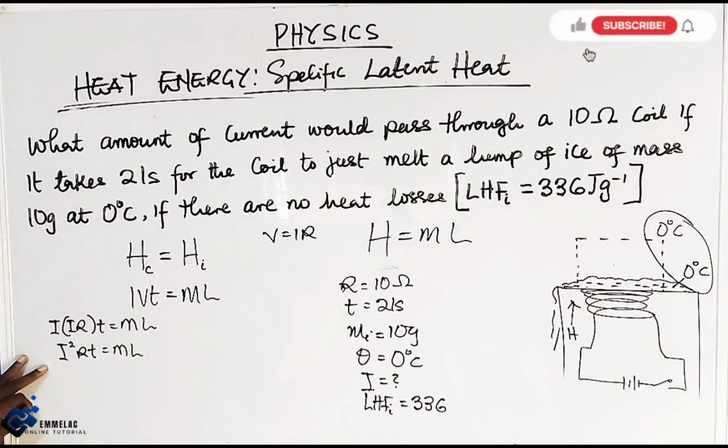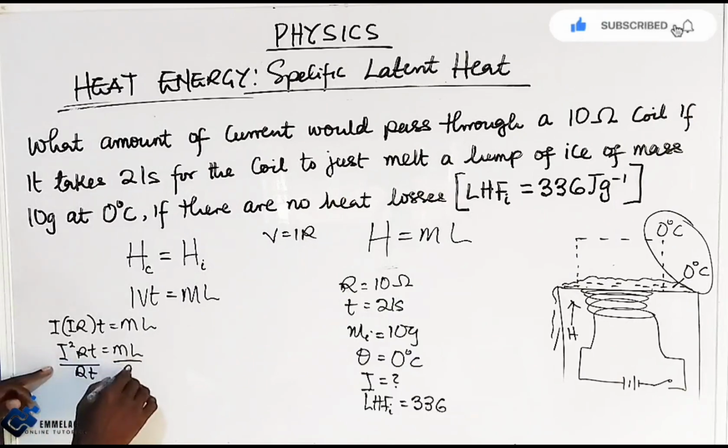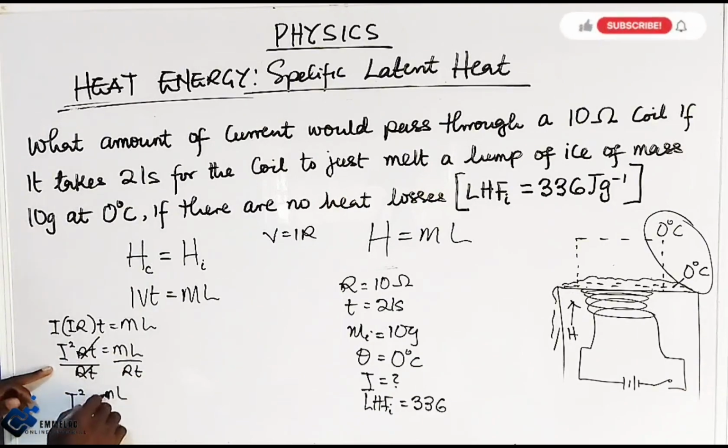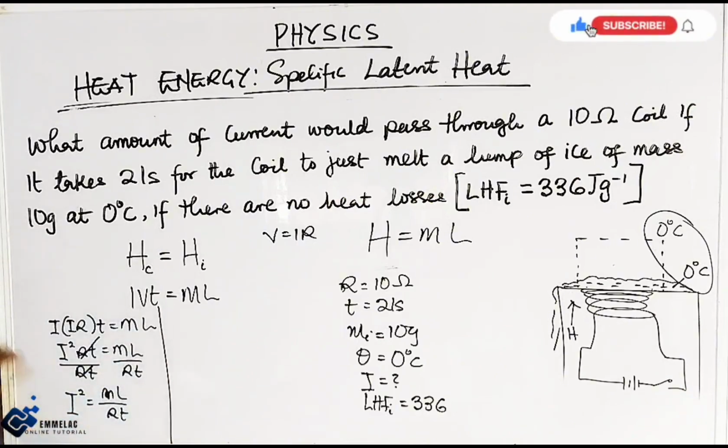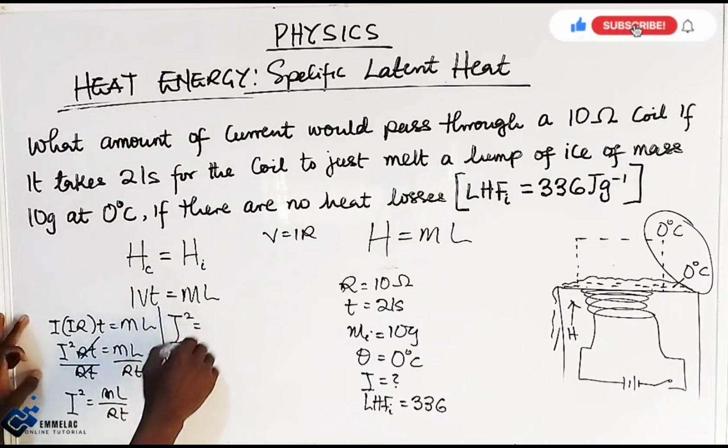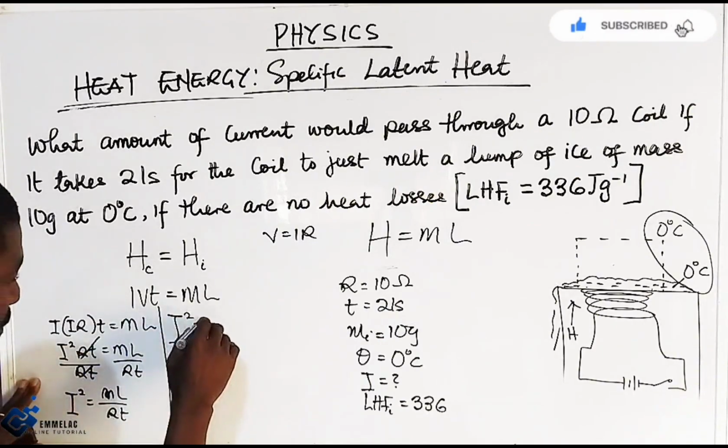And what exactly are we looking for? The current. So dividing by RT, our I squared equals ML all over RT. Let us just solve this one first. The mass of the ice is 10 gram.